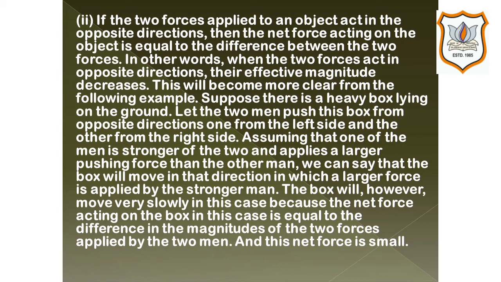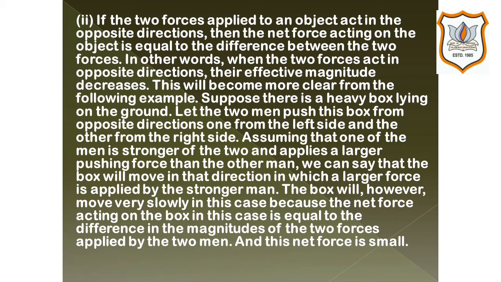Suppose there is a heavy box lying on the ground. Let the two men push this box from opposite directions, that means one from the left side and the other from the right side. Assuming that one of the men is stronger of the two and applies a larger pushing force than the other man, we can say that the box will move in the direction in which the larger force is applied by the strong man.